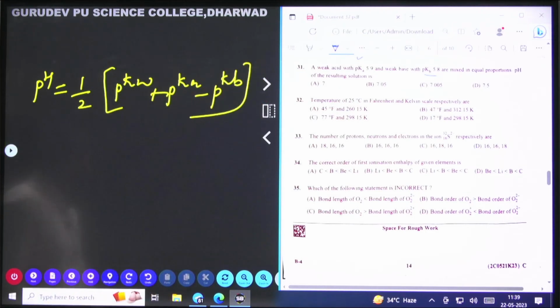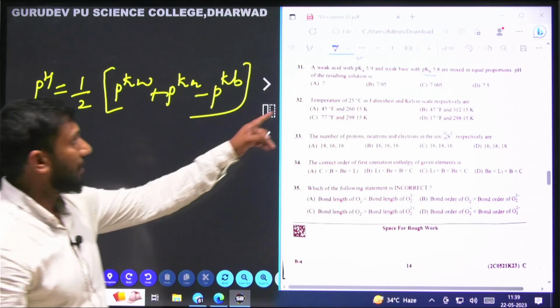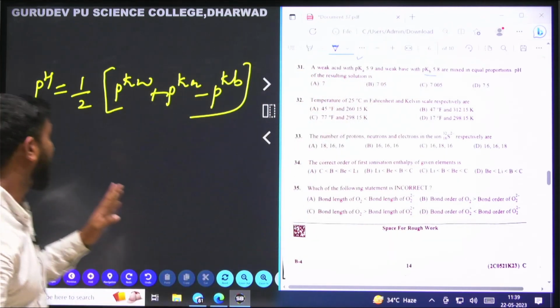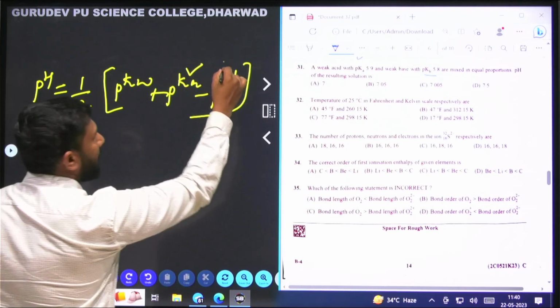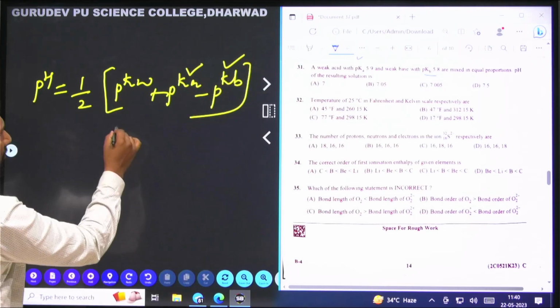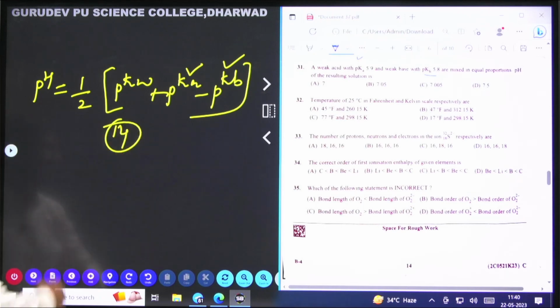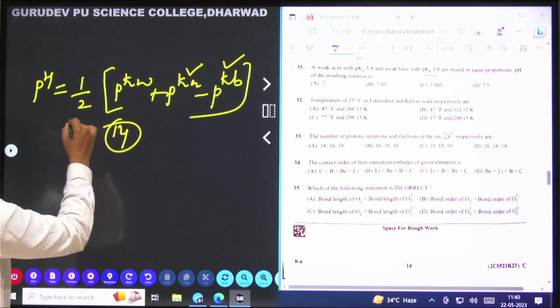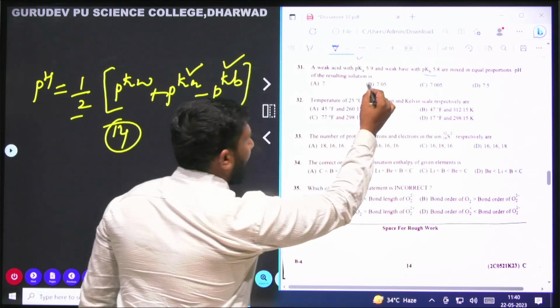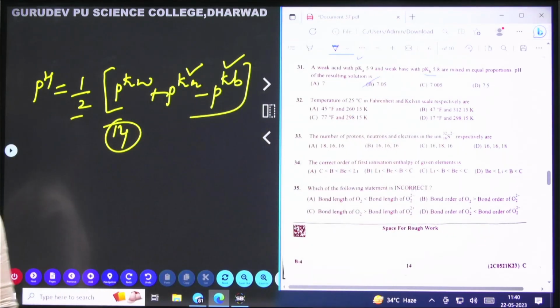In this case pKa and pKb values are given, and pKw value is 14, the ionic product of water. Substitute those values in this formula, then you get the answer 7.05.